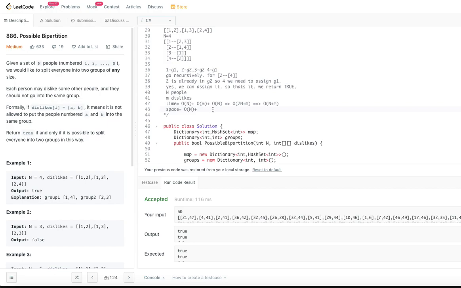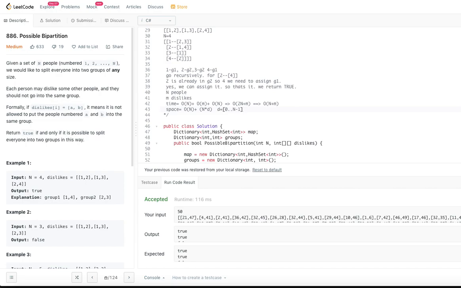So each person has some dislikes. In that case, how many dislikes will we have? It will be order of n into some number of dislikes, which we don't know. Let's say d. d can be anywhere from 0 to n minus 1, because one person is himself, so he can like or dislike himself, that is a different question, but he could dislike all the rest of the persons.